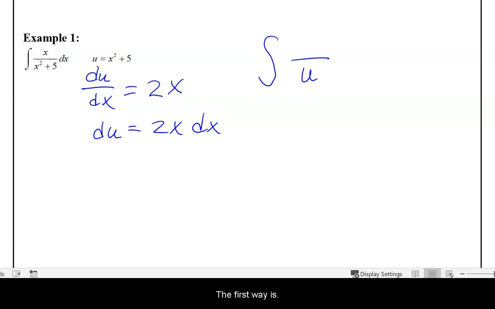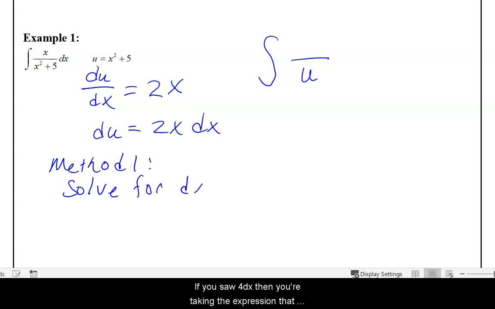The first way is method 1, solve for dx. If you solve for dx, then you're taking the expression that you have for the differential du and you're isolating the dx since that is exactly what you have in the original that you're trying to get rid of.